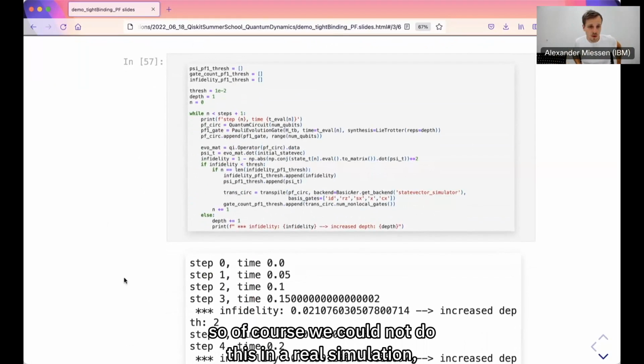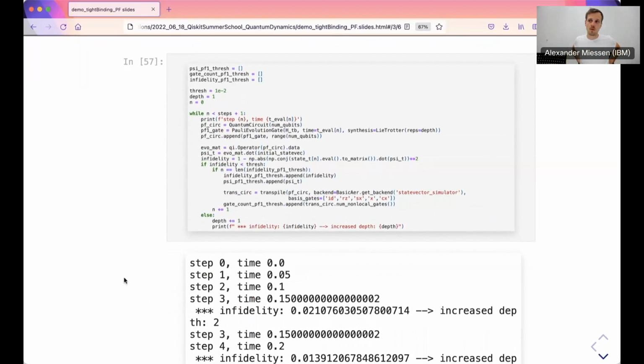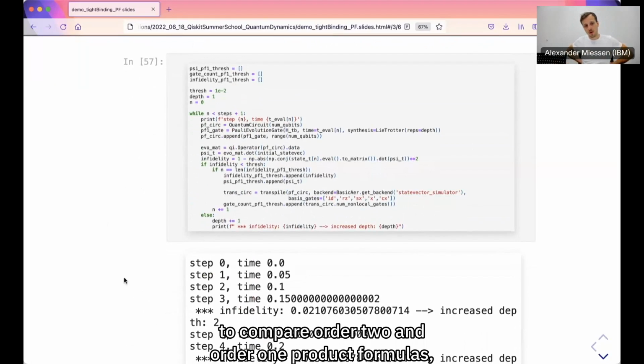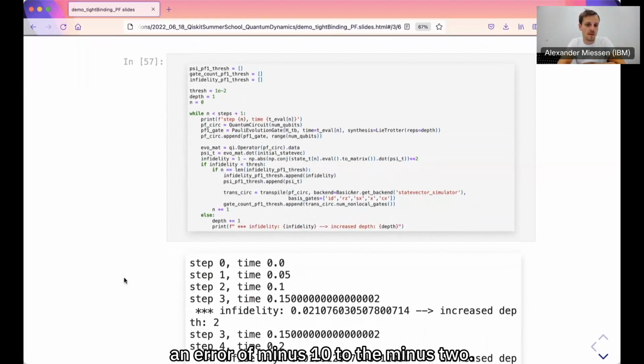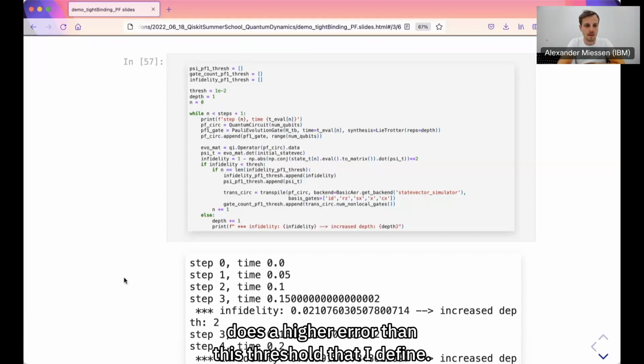Of course we could not do this in a real simulation, but if we want to compare order 2 and order 1 product formulas, we can compute the error at each time step and say, I want an accuracy of 10 to the minus 2 in the end, an error of 10 to the minus 2. And every time that my simulation with the product formula has a higher error than this threshold that I define, I append one circuit layer until the error is lower again.